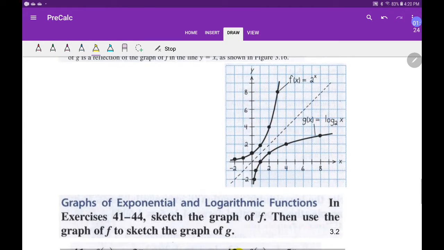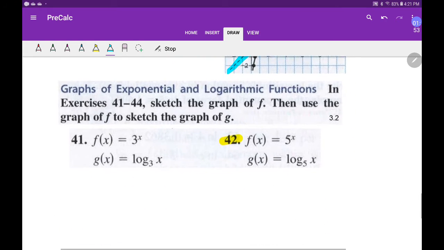So once we have the graph of this, where it starts off small and it never quite goes negative, it just gets close to 0, and then it takes off, the logarithm is the reflection through the line y equals x. So if I want to draw the graph of the logarithm, all I have to do is reflect it through that line. And that's what we're going to do.